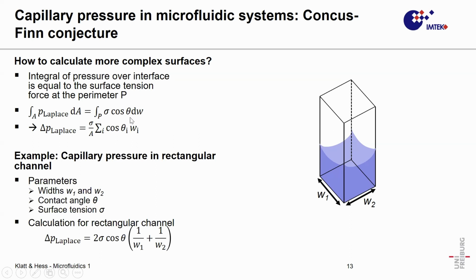And this comes from this simple equation written here. So the Concus-Finn conjecture is a very powerful tool if you don't know how the surface looks like, but you nevertheless are interested in the pressure that acts on this surface.